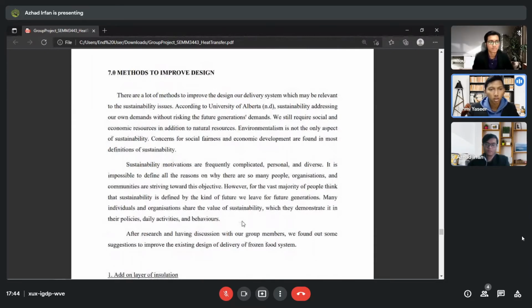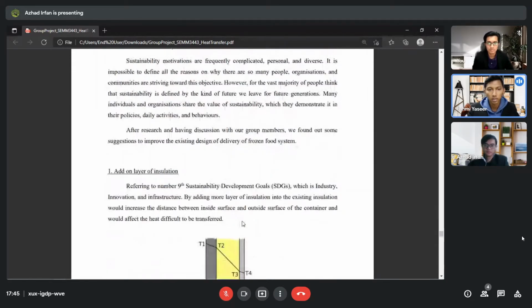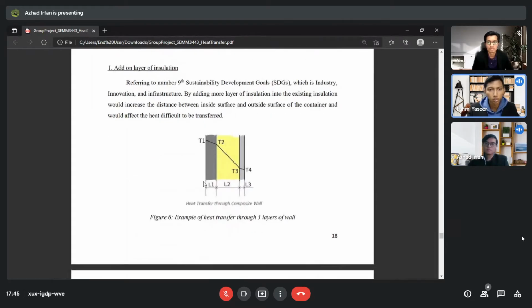Okay, so there are a lot of methods to improve the design of our delivery system which may be relevant to the sustainability issue. After research and discussion with our group members, we found some suggestions to improve the existing design of the frozen food delivery system. The first method is we add a layer of insulation.